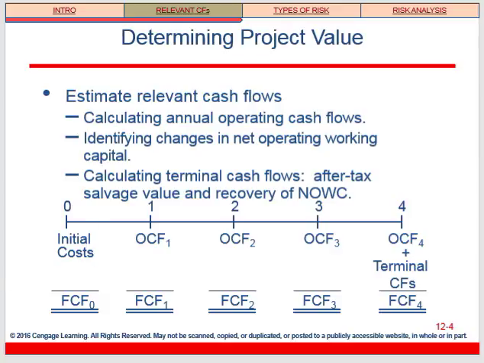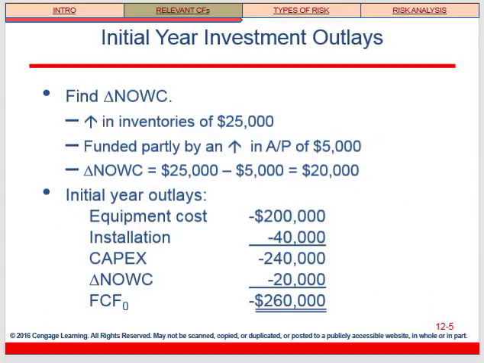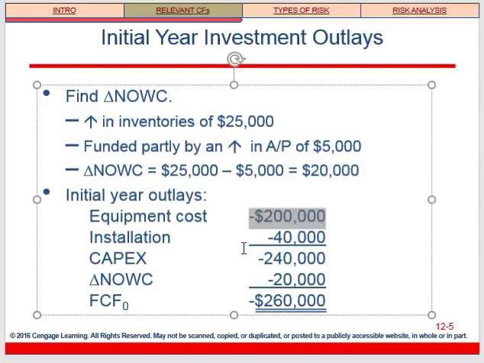Now let's start with year 0. What we need to do is increase inventories by 25,000, increase accounts payable by 5,000. Net change in working capital is, as I mentioned, $20,000. So in the initial year, for capital outlays you need to come up with $200,000, another $40,000 for installation.